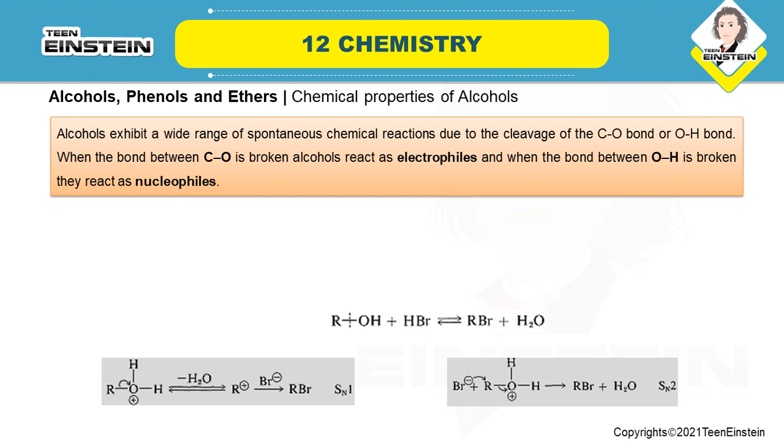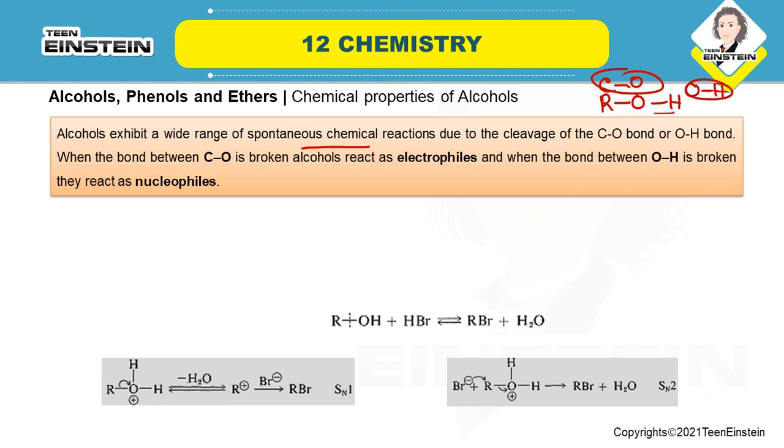Chemical properties of alcohols. Alcohols exhibit a wide range of chemical reactions, and these reactions are possible because of two types of cleavage. Our alcohol is ROH, so there is a carbon-oxygen bond and also an OH bond.